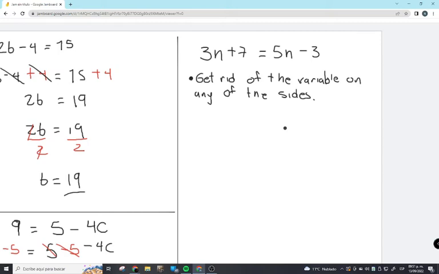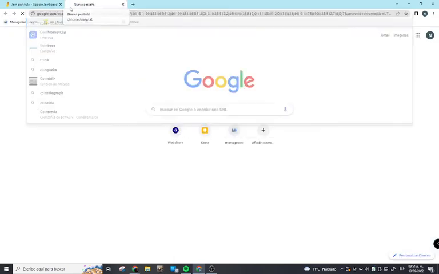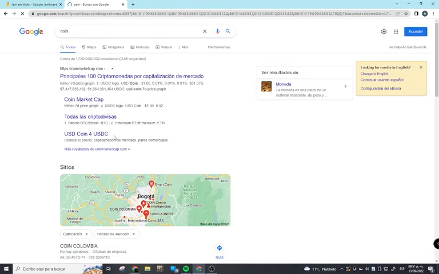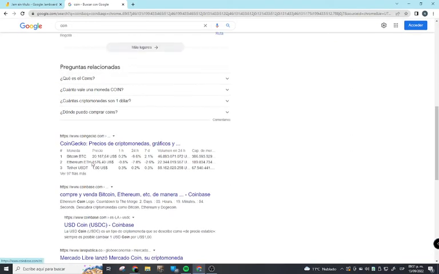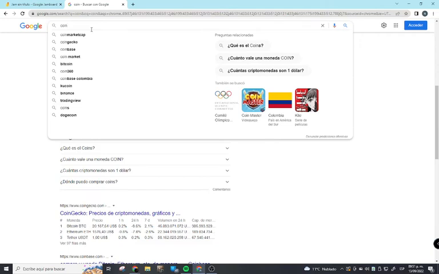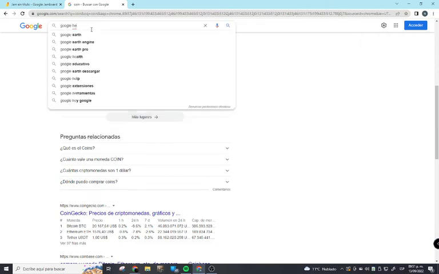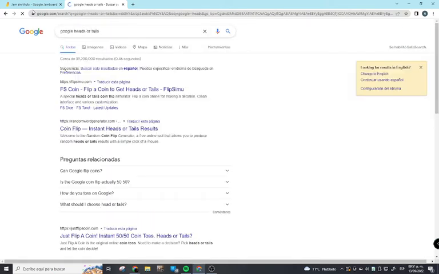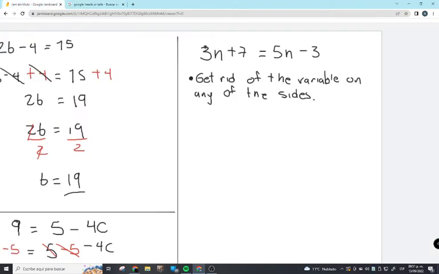Okay, so let's throw a coin. Okay, Google coin. Heads or tails. So let's say that if I get heads, I'm going to get rid of the variable on the left, and if I get tails, I am going to get rid of the variable on the right.